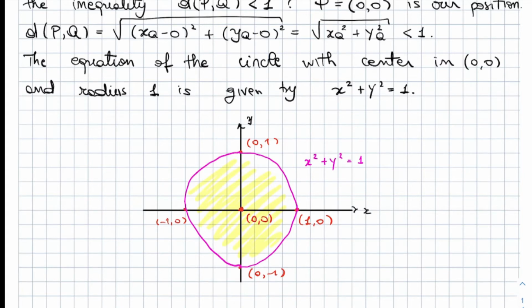So if we were in (0,0) and we wanted all the points whose distance from us is smaller than 1, then we would get all the points inside this circle. Be careful, only the ones inside the circle, not the ones on the boundary, which is exactly the circumference whose radius is 1 and whose center is the point (0,0).